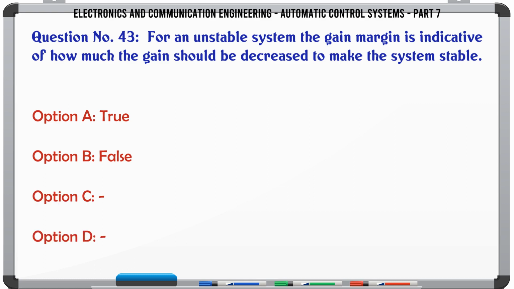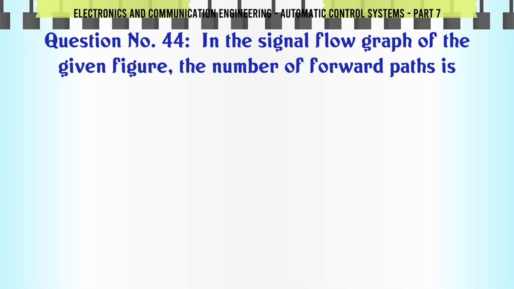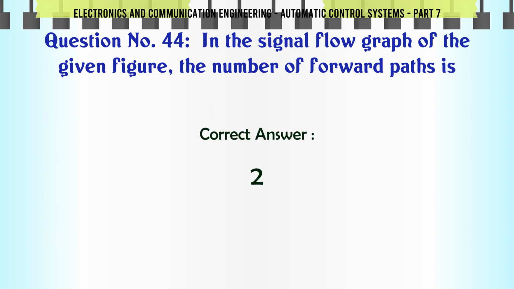A. true, B. false. The correct answer is true. In the signal flow graph of the given figure, the number of forward paths is A. 1, B. 2, C. 3, D. 4. The correct answer is 2.